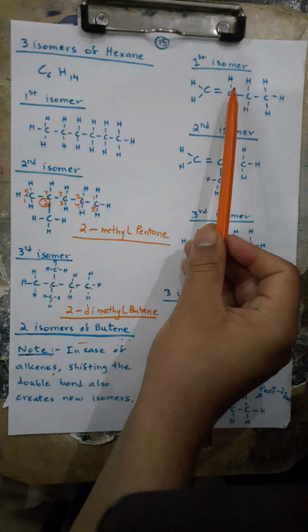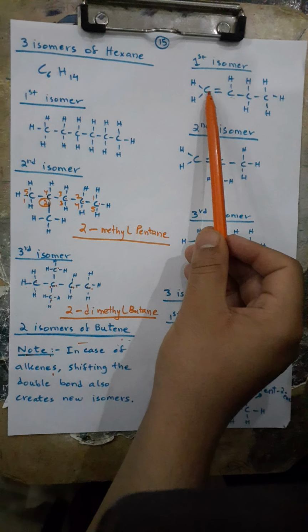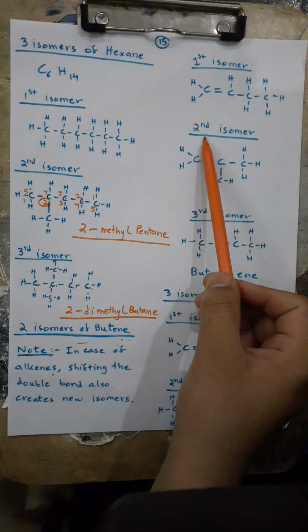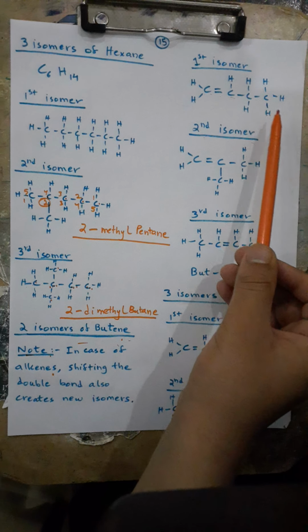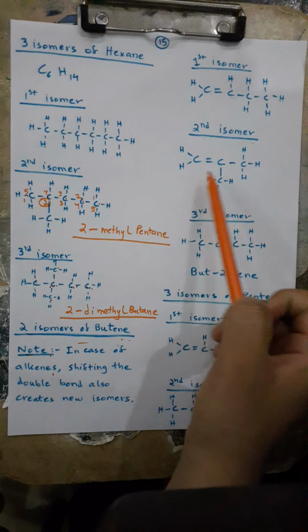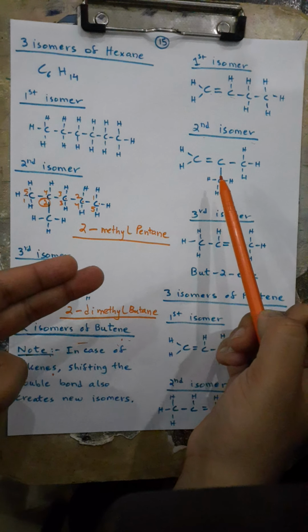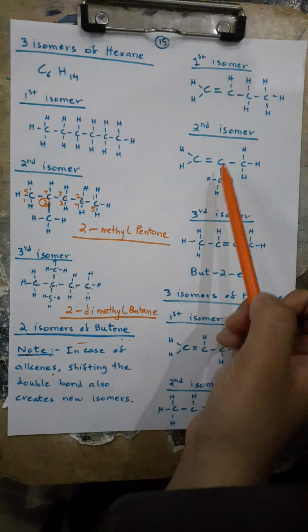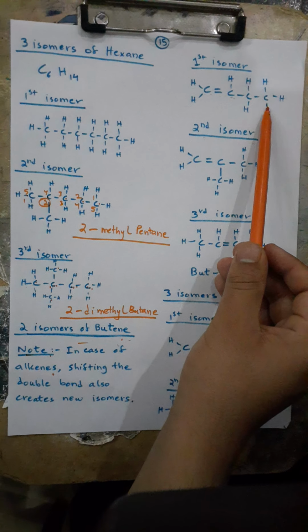So now it says to draw 2 isomers of butene. Now the first isomer of butene is as simple as this, first carbon and here, so butene. Now this is the second isomer, that we take any carbon. In the first, we are not shifting the double bond; in the second isomer, we are shifting the position of this carbon.